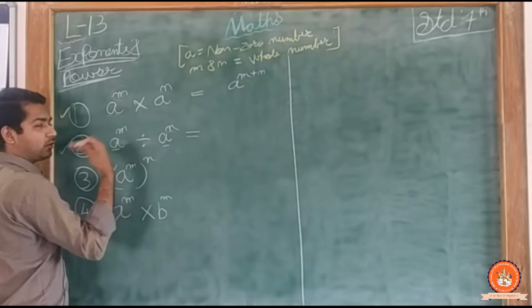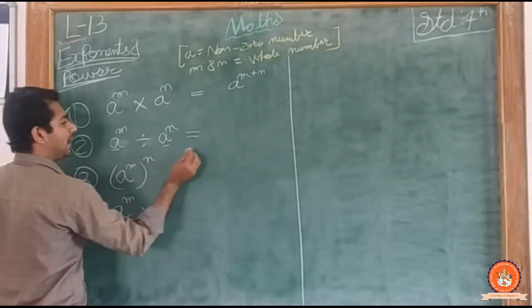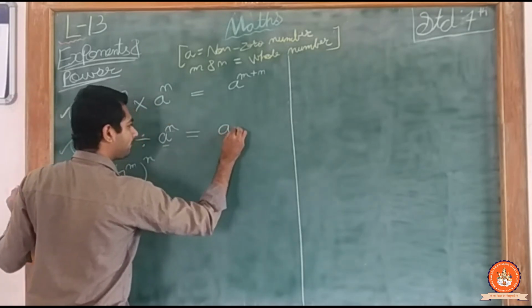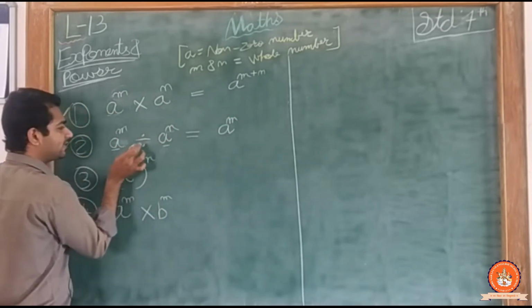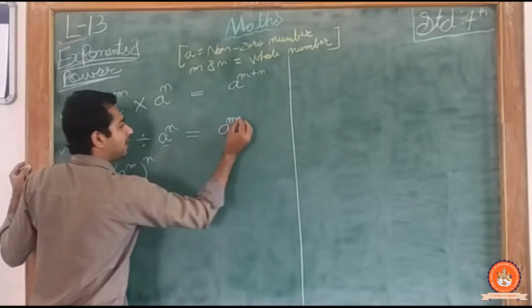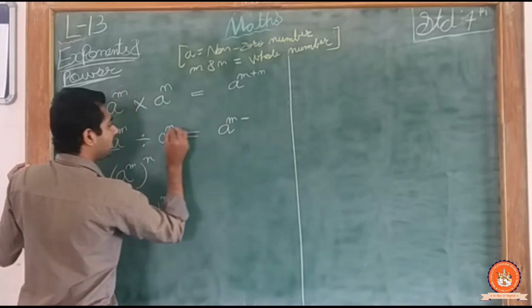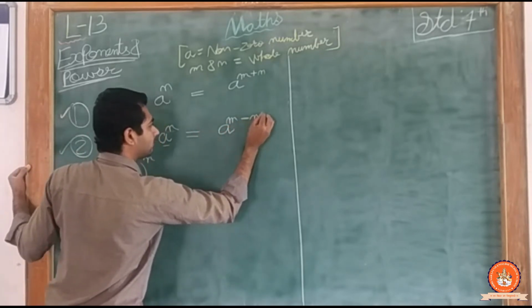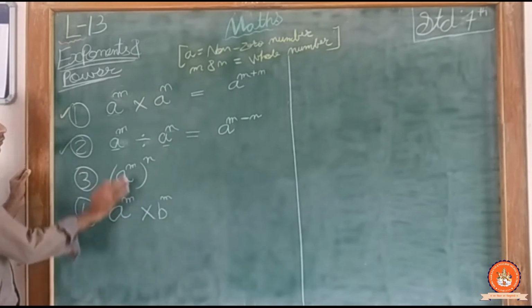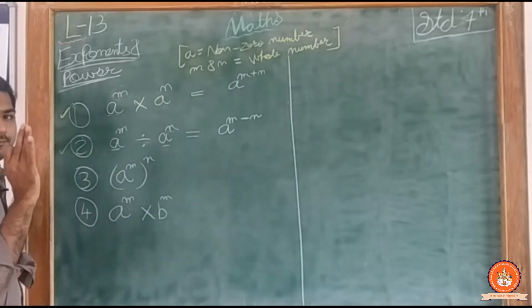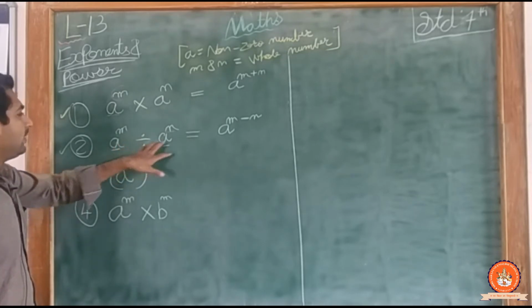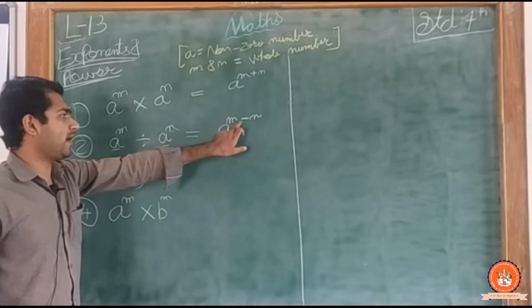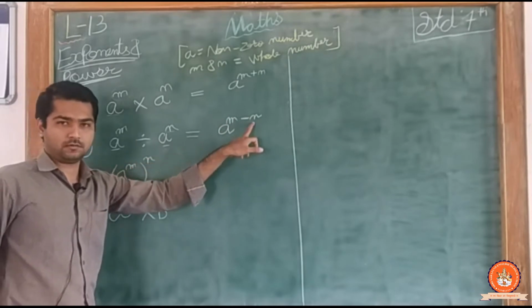As I told you, the base is the same, so I will write only one base a raised to m. Now for this there is a division sign, so I will put a minus in the power and minus n. So this is my formula for division for the same base: a raised to m minus n. I will subtract the powers.